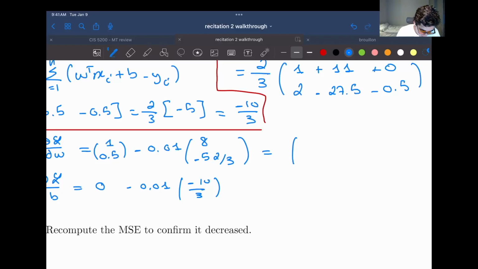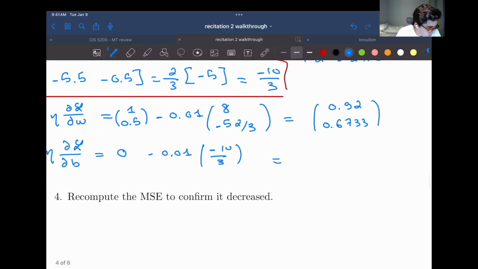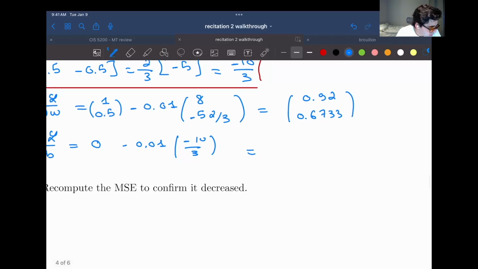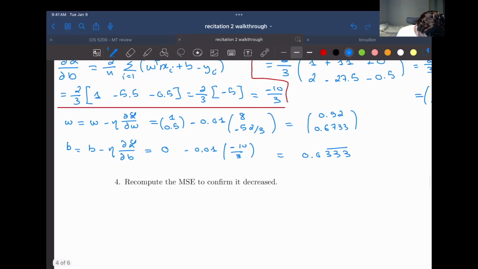So 1 minus 0.01 times 8, what do we get? 0.92. And then, actually I have the answer here. This is 0.6733. And then this guy is going to be 0.033 repeating, I guess.